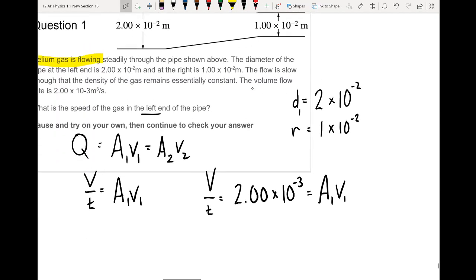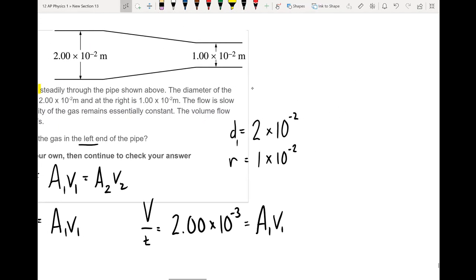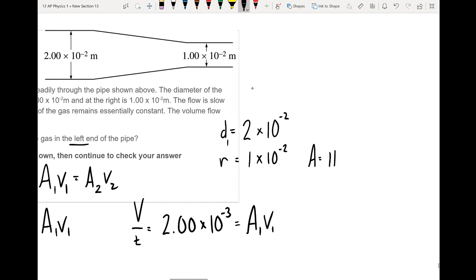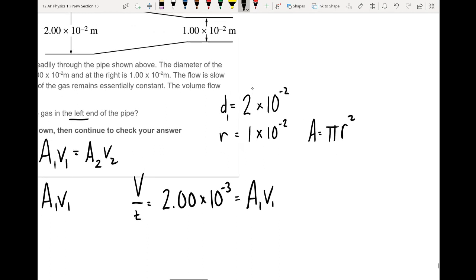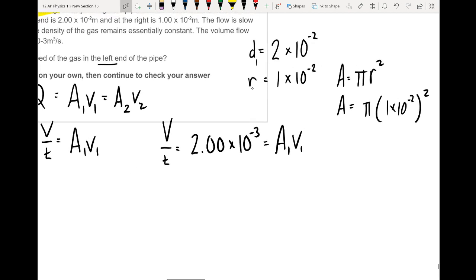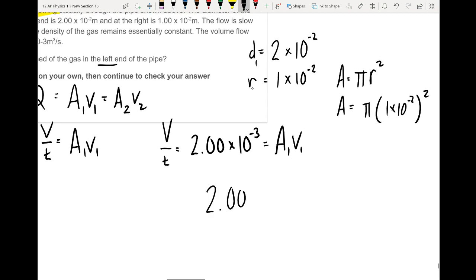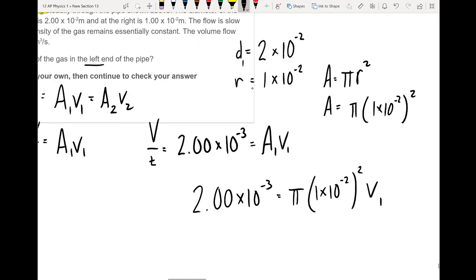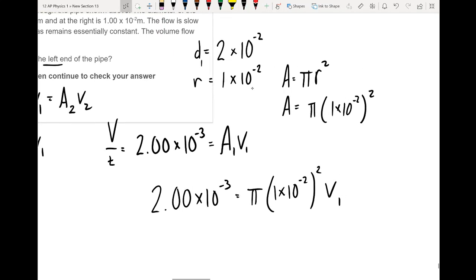Because it's a circular pipe, the area is pi r squared, so area is pi times 1 times 10 to the negative second, squared. So we can plug in: 2 times 10 to the negative third is equal to pi times (1 times 10 to the negative second) squared times V1, and then we are good to go.